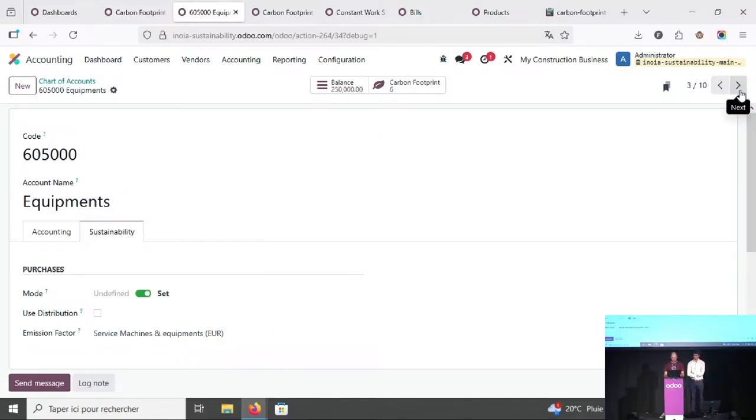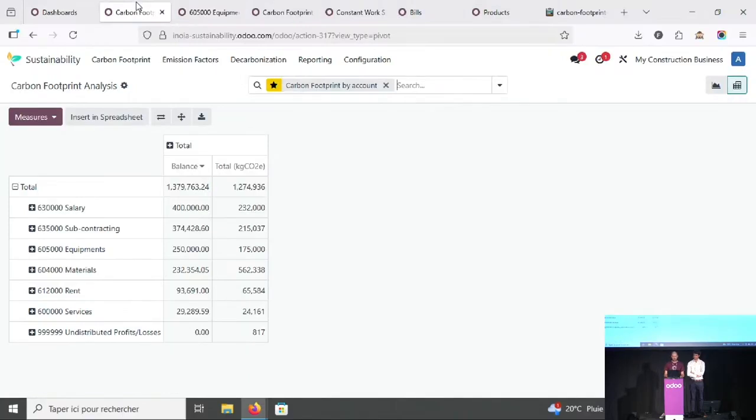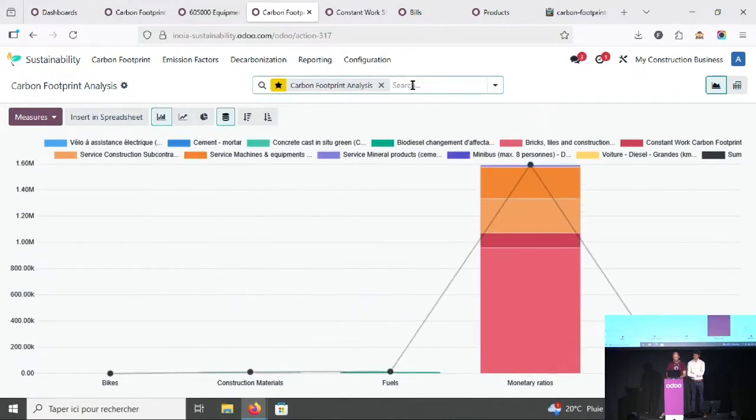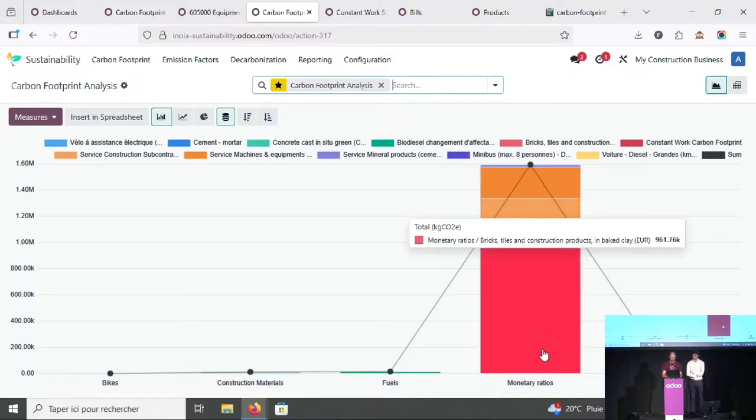Once this is done, I can have a look at my carbon footprint to have a rough estimate, and this is what I get. If I compute it, okay, I already have something. It's stacked in one column with all the monetary ratios, but I already have a detail in terms of types.